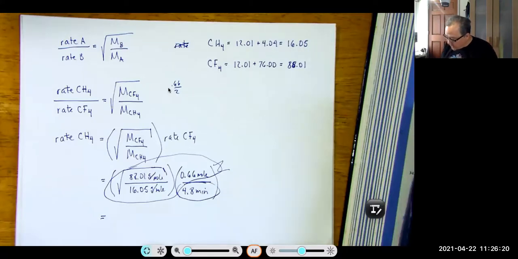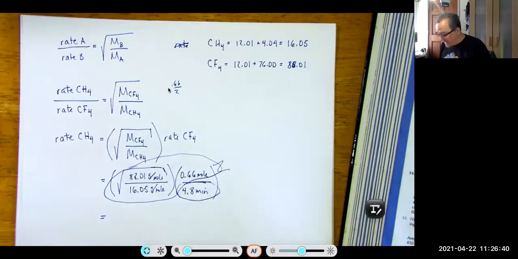So I got to change that. So I got to do square root parentheses 88.01 divided by 16.05 and parentheses, and I'd better get around 2.25 is what we said. And that didn't work either.